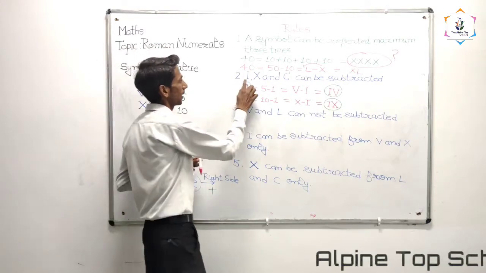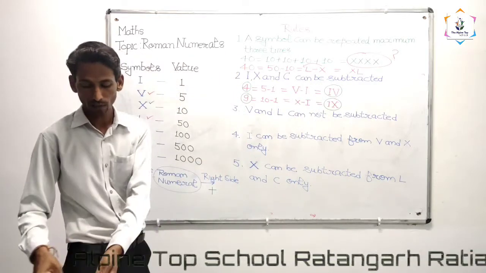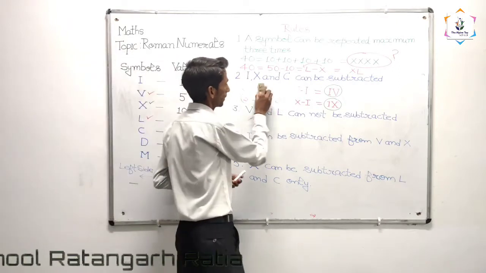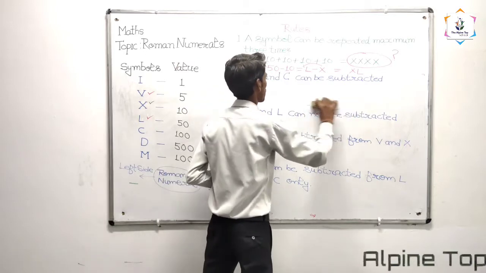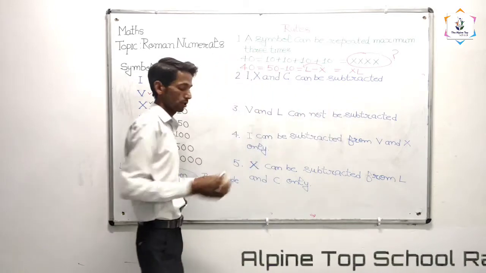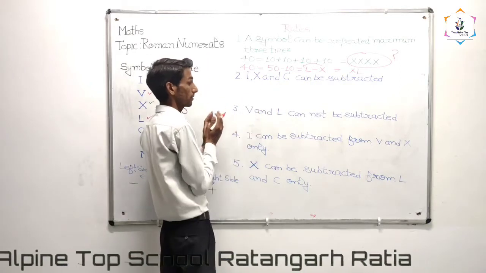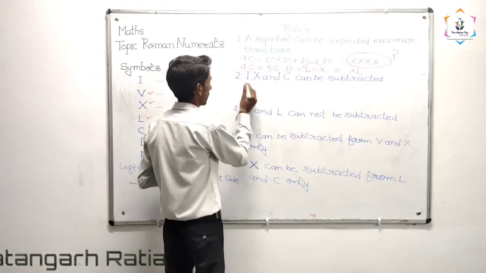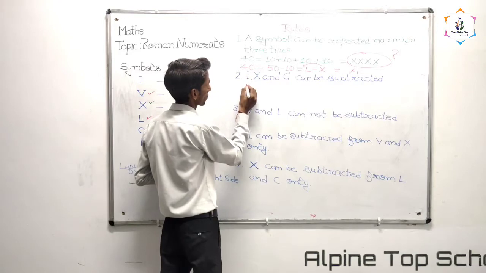Here we are studying that I, X and C can be subtracted. Now see other examples I am going to tell. Now I am going to give the example of X and C, that we can subtract X and C also. It means we can write X and C also on the left hand side of Roman numerals. Like, dear students, I have already given one example above also.